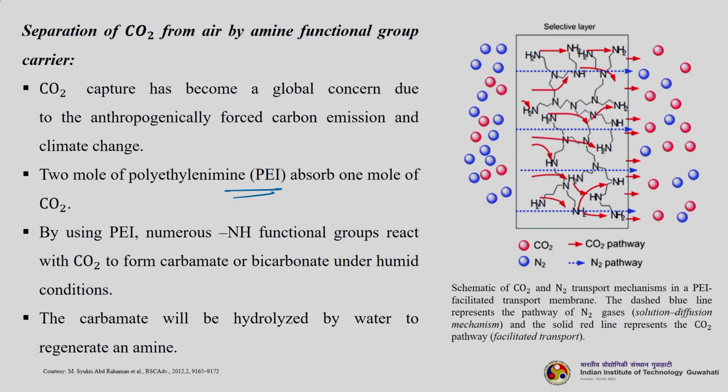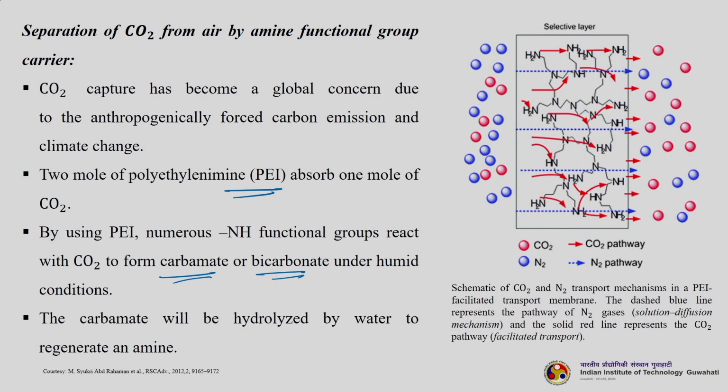By using PEI, numerous NH functional groups already present in the membrane matrix react with carbon dioxide to form carbamate or bicarbonate under humid conditions. So, humid condition is a necessary requirement. Carbamate will be hydrolyzed by water to regenerate amine on the opposite side. So, this is the schematic of the carbon dioxide and nitrogen transport mechanism in a PEI facilitated transport membrane.